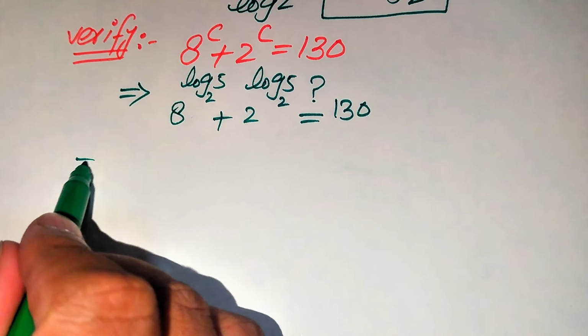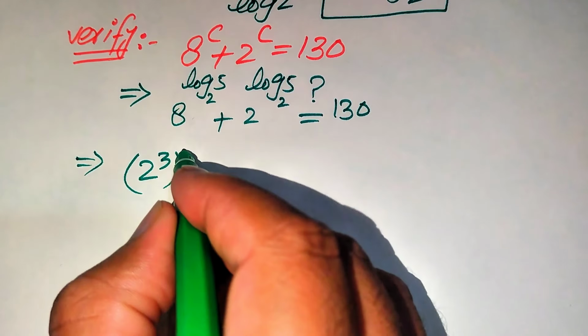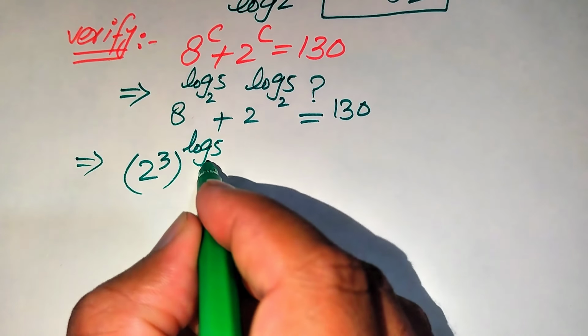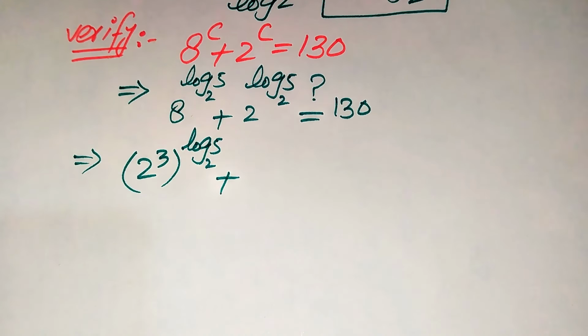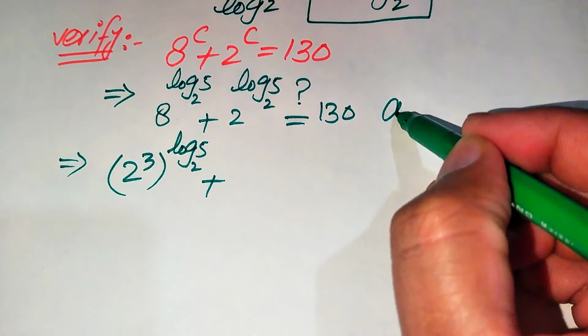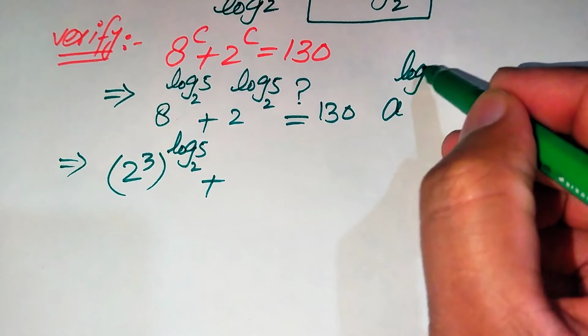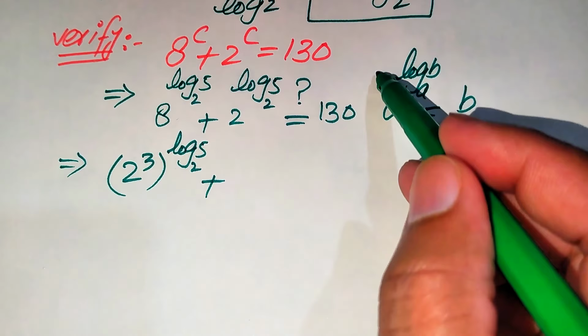So we write our 8 as 2 cubed, and its whole power is log of 5 with base 2. From here we can apply the property of log, and you know that if we have a to the power of log of b with base a, this type of expression is equal to b only.